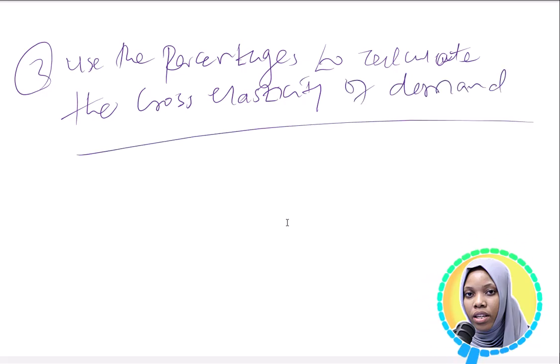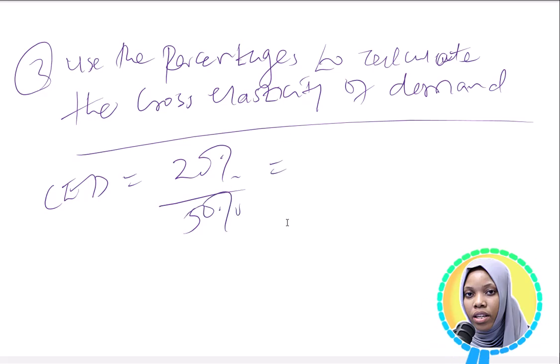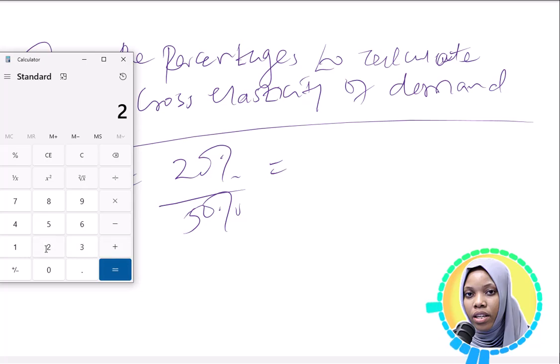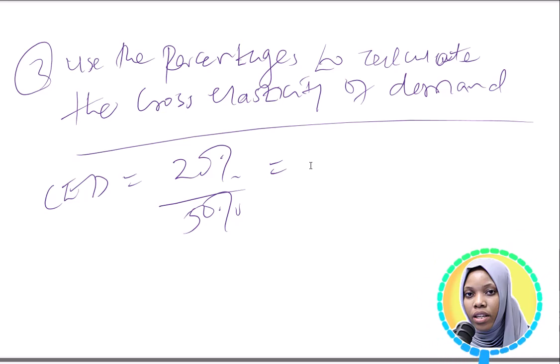And how are we going to do that? Cross elasticity of demand equals 20% divided by 50%. Let's use our calculator, 20 divided by 50. The answer is 0.4.